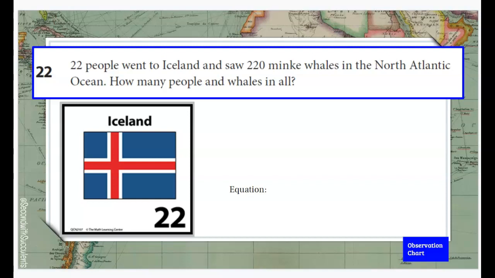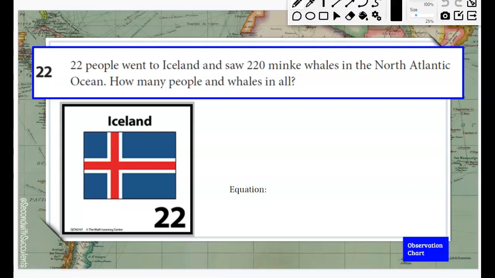22 people went to Iceland and saw 220 minke whales in the North Atlantic Ocean. How many people and whales in all? Finish up your equation. Show a connection if your equation looked like this.